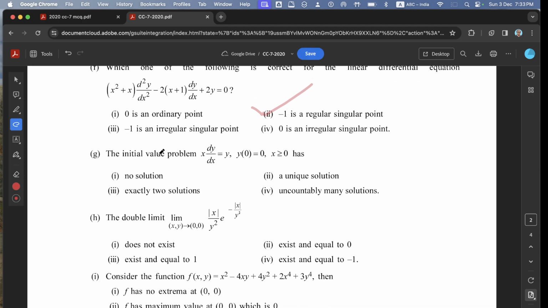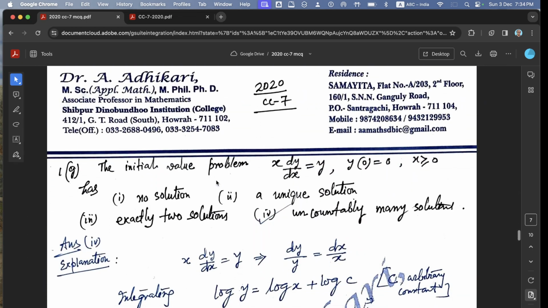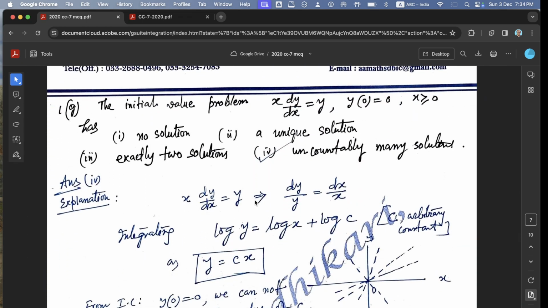Next, question G. The initial value problem x dy/dx equal to y, y(0) equal to 0, x greater than or equal to 0, has: no solution, unique solution, exactly two solutions, or uncountably many solutions. Here x dy/dx equals y.